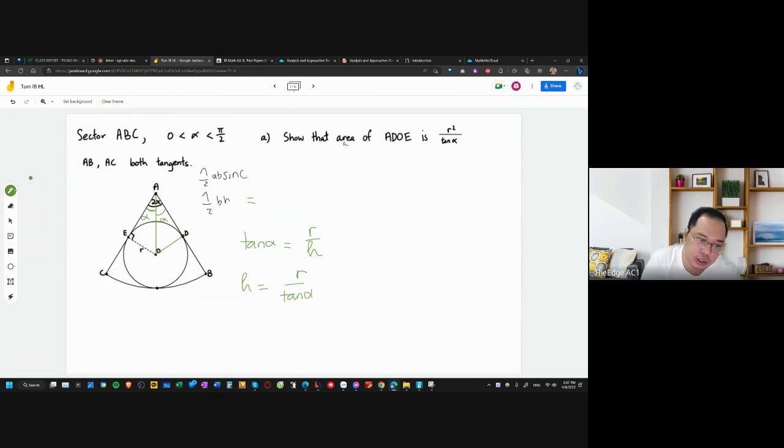The area is 1/2 times the base, the radius R, multiplied by the height, R over tan alpha. Therefore we have the final answer: R times R is R squared, with tan alpha at the bottom.